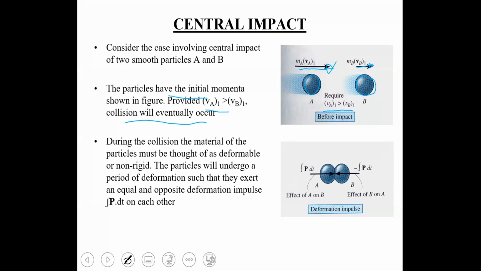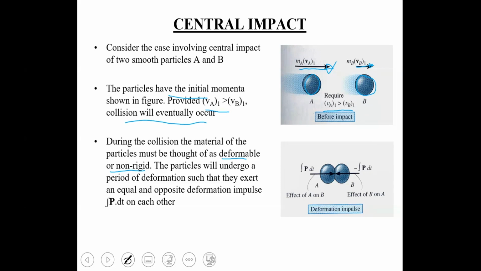So before moving on to developing the mathematics for this central impact, first of all, let us understand what happens during this central impact, or what is the actual physical phenomena involved during this central impact. Okay, first of all, once that collision has started, during collision, the materials of the particles must be thought of as deformable or non-rigid. कि सबसे पहली बात तो ये कि collision के दौरान we are going to consider these two particles to be deformable and non-rigid.